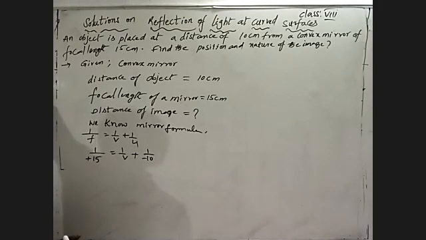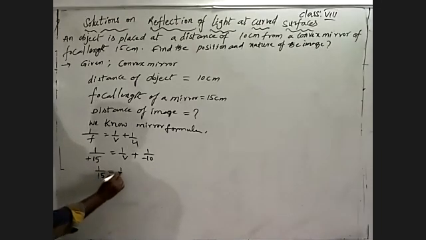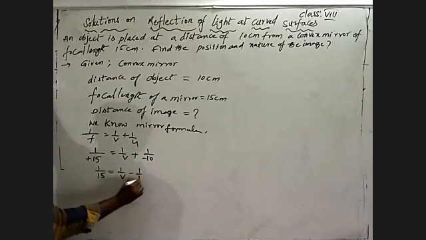Why? Because the light ray comes from the object, and distances are measured from the pole. So 1 by 15 is equal to 1 by v minus 1 by 10.